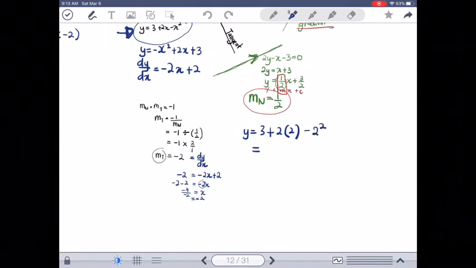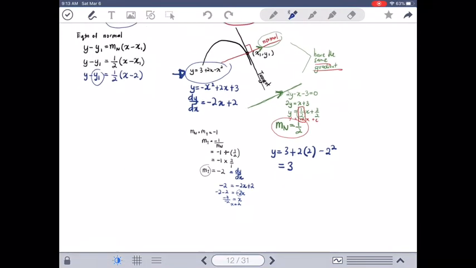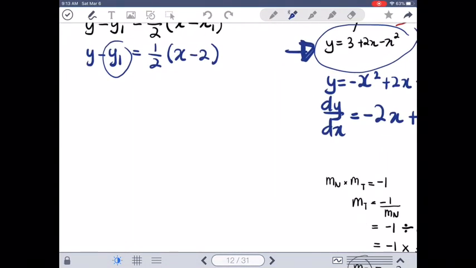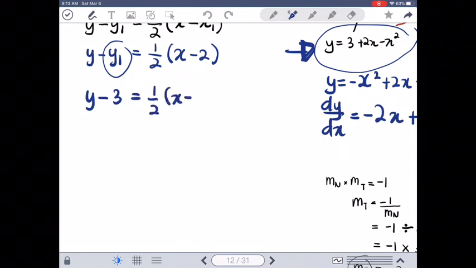You should get by calculator 3. The value should be 3. Means that in this equation, y minus 3 equals 1 over 2 times x minus 2.